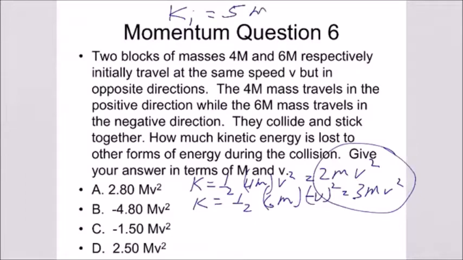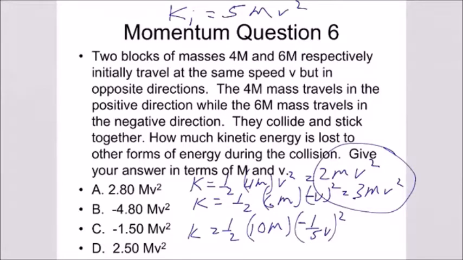5mv squared. Our kinetic energy after the collision is going to be 1/2 times the combined masses of 10m times that new velocity, which was -1/5 v, squared.